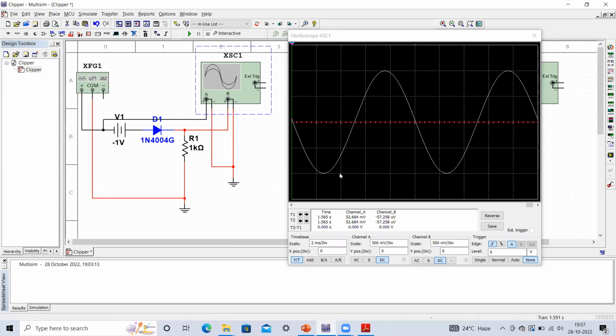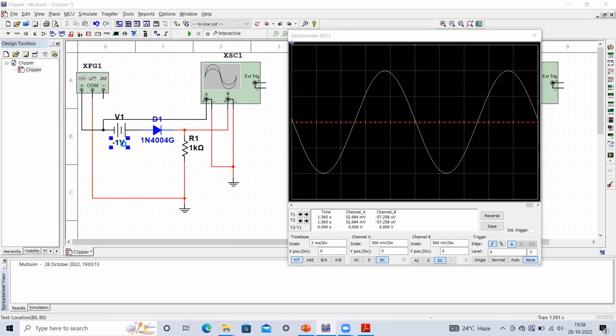We already know this is the input signal, and because we have subtracted this -1 volt from the signal, the signal will come down and its tip will become 0 volt. So obviously this diode never becomes forward biased, and therefore we do not get any output.